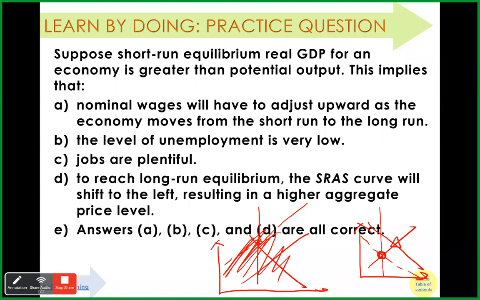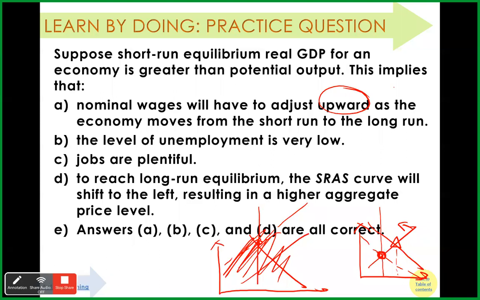Again, similarly, what happens in the labor market? The unemployment rate is low, meaning if you give the market enough time, nominal wage is going to rise, and then aggregate supply is going to fall. Let's go one by one. Nominal wage will have to adjust upward.